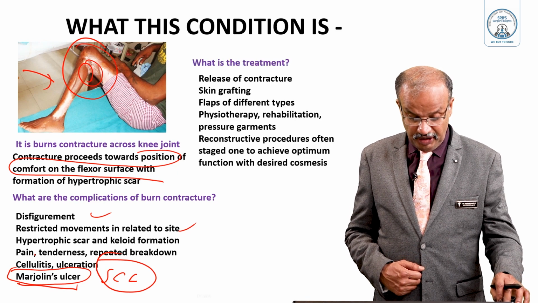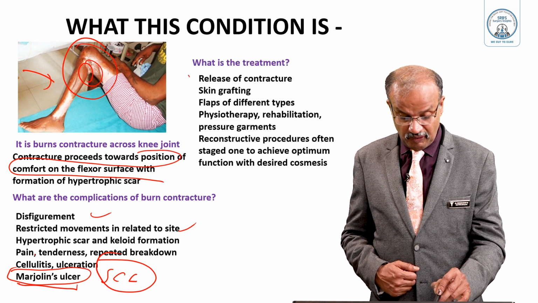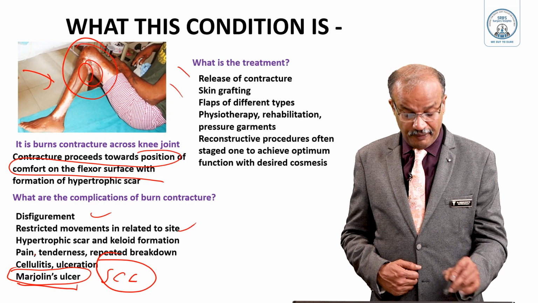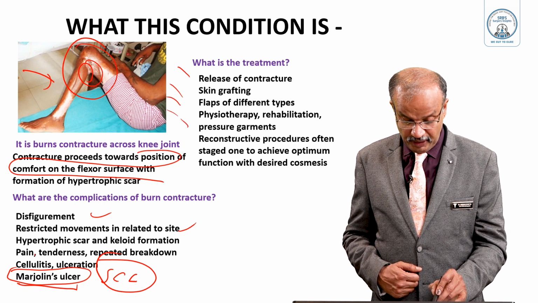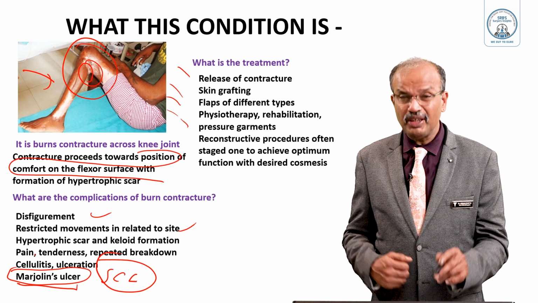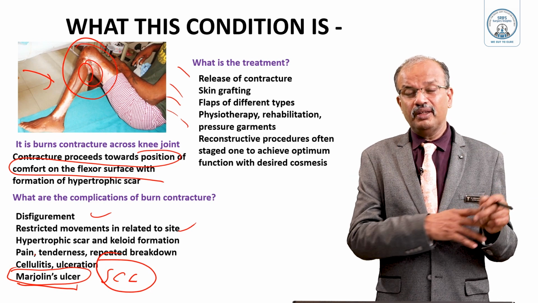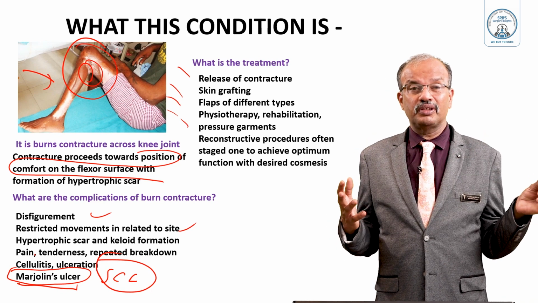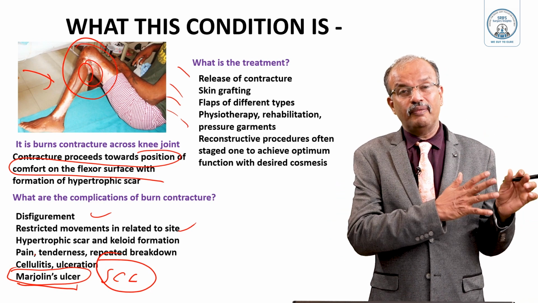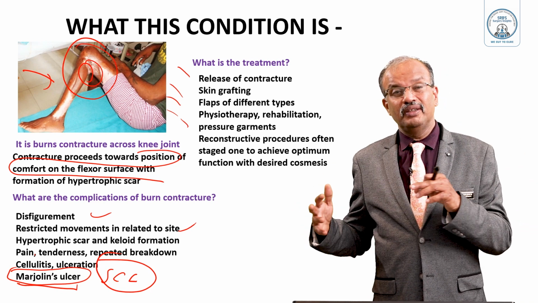So what is the treatment? All these things are the treatment: release of contracture, skin grafting, flaps of different types. Physiotherapy and rehab are very, very important. Pressure garments, reconstructive procedures, usually staged procedures. Release today, release further in the next stage, then eventually plan for the reconstruction, maybe one flap and another flap later, or skin grafting.